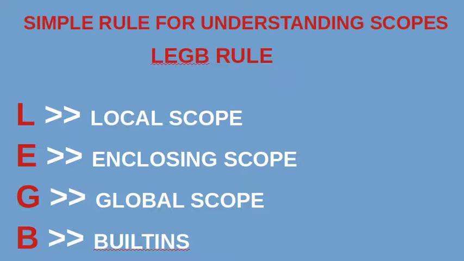Global variables are variables that are defined outside of a block and can be accessed from anywhere within our Python code. As the tutorial continues, we'll discuss enclosing and built-in scopes. So for now, let's get started.